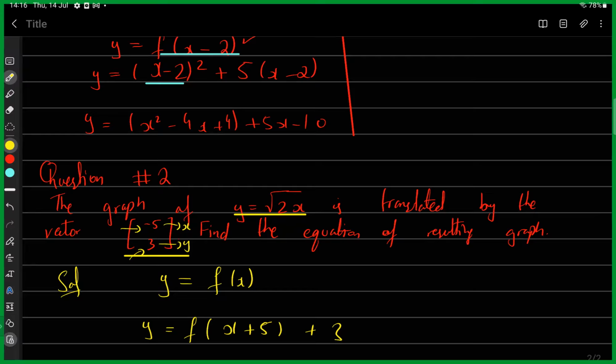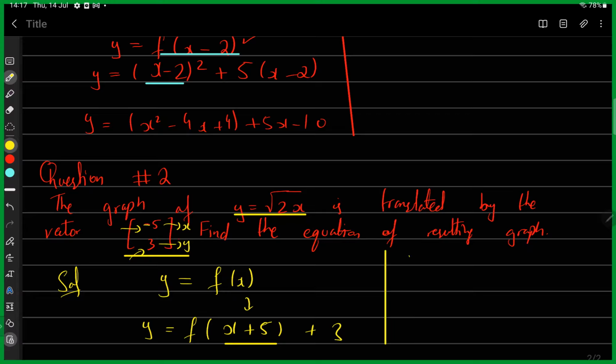So if you have -5 in the translation vector, the difference would come by adding 5. Initially we had -5 in the translation vector, but this difference would be made on the graph by writing it down this way.